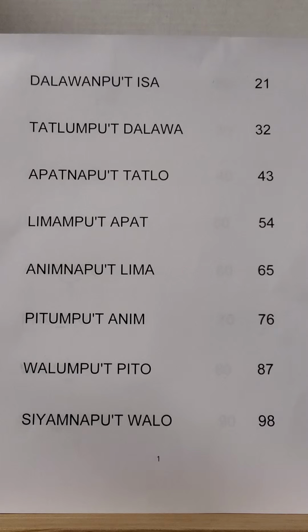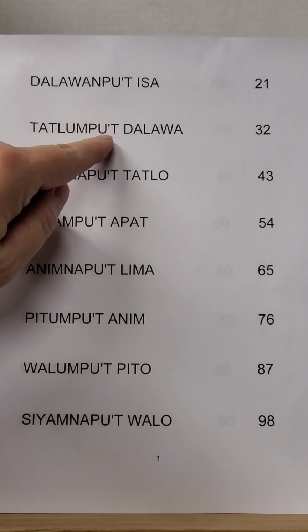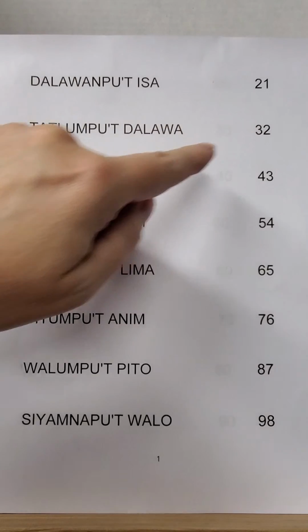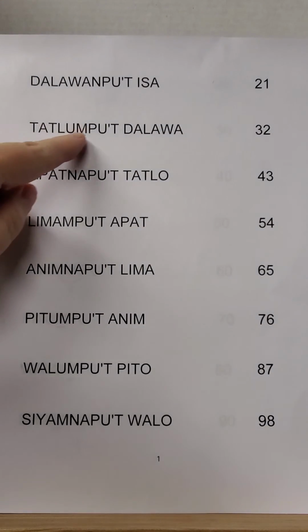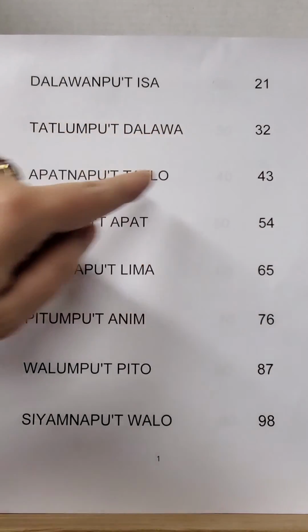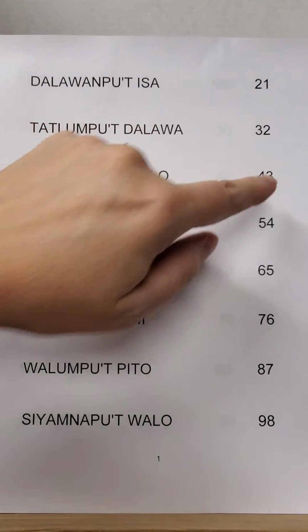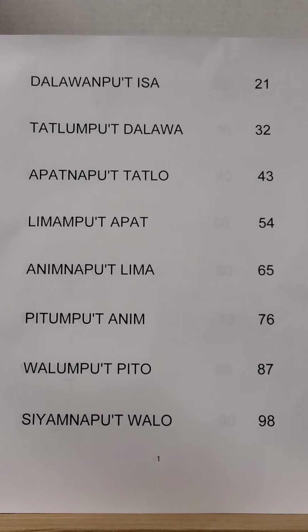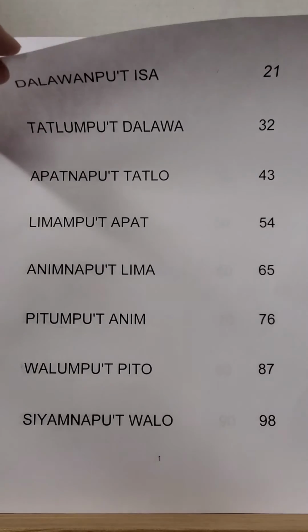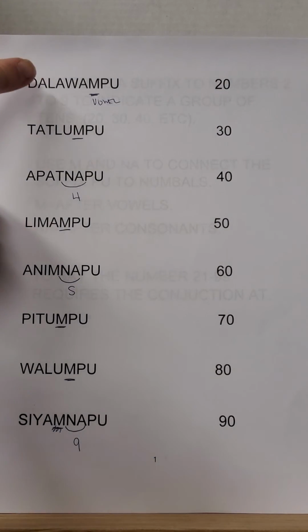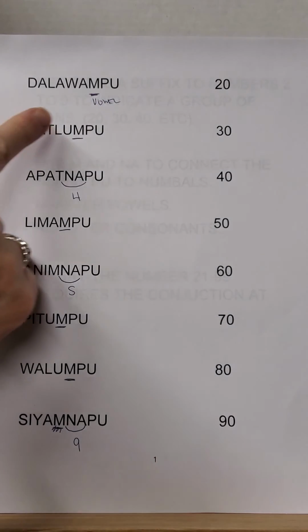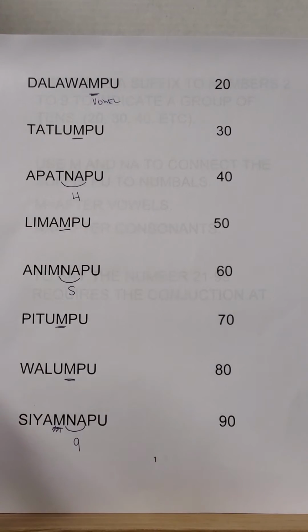And same with 30. You would say tatlumput isa for 31, or tatlumput dalawa for 32, tatlumput tatlo for 33. Same with any of these. So what you would do is you would take your 20 factor or your 30 factor or your 40 factor, and then you would add 1, 2, or 3 afterwards.